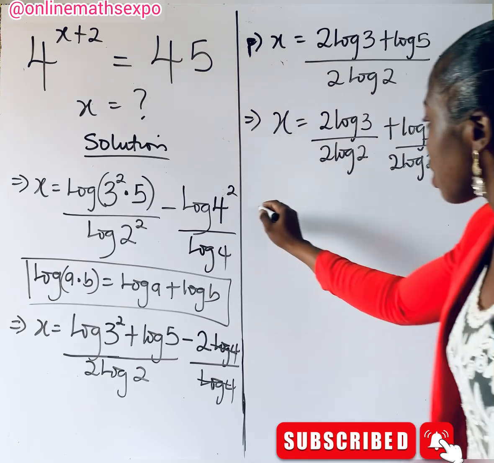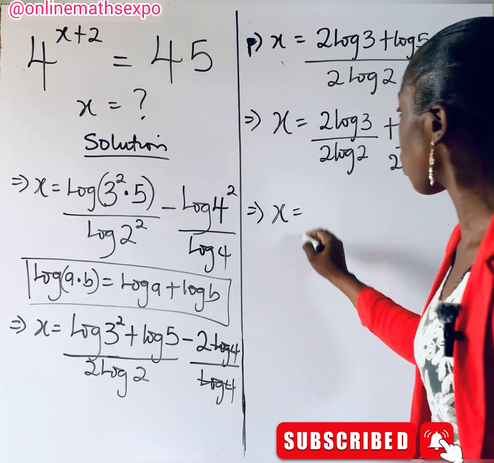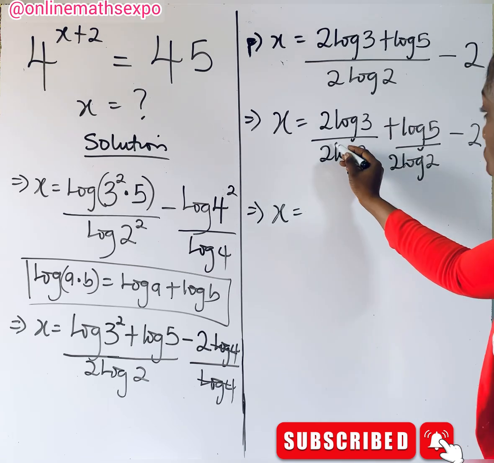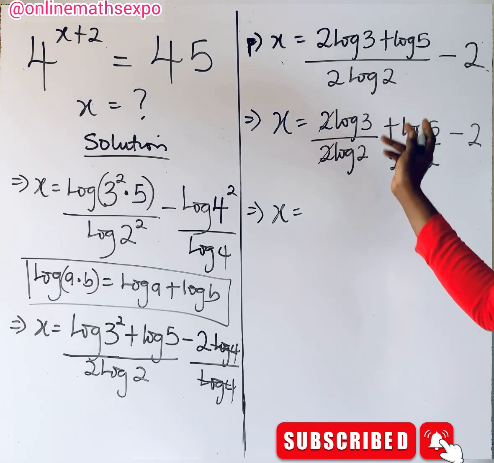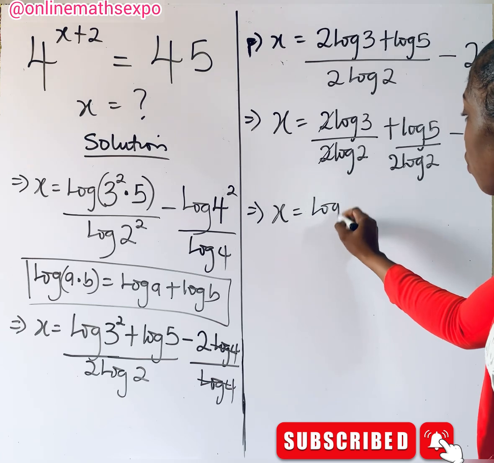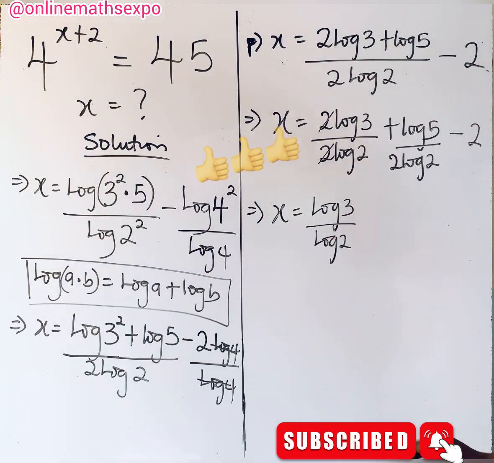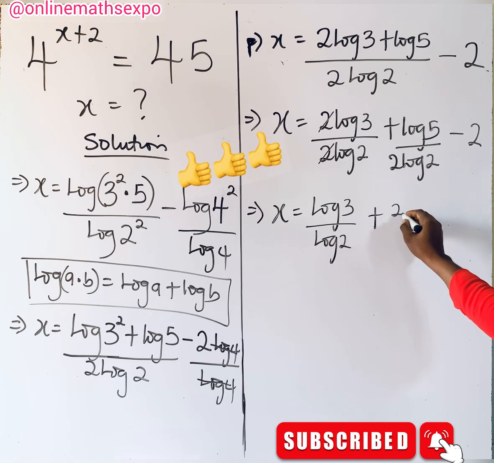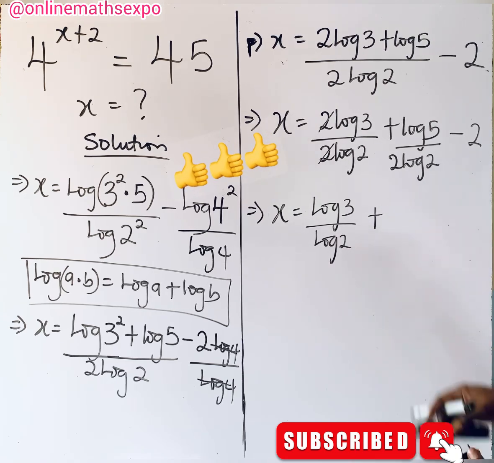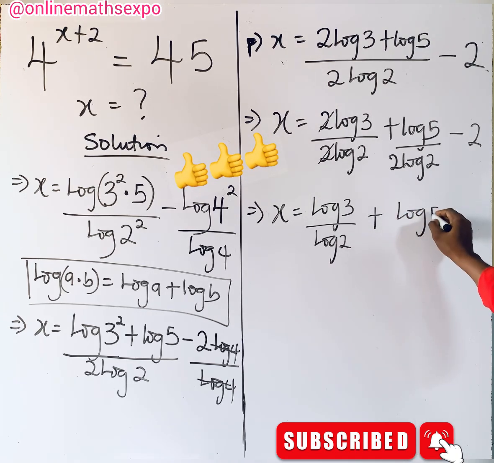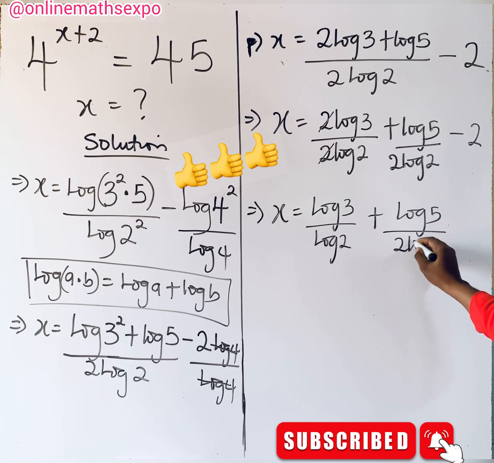Interesting. So this is going to give us x is equal to, now observe that 2 is repeated as coefficient, so cancel it out. So you have log of 3 divided by log of 2, plus log of 5 divided by log of 2 minus 2.